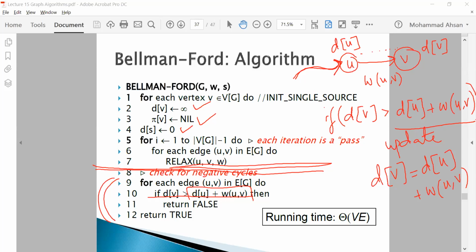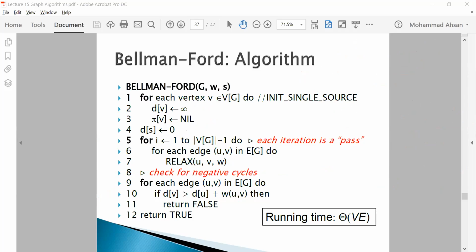When you're given a graph in a program you don't see the graph visually, so you won't be able to figure out if there is a negative cycle or not. So you will return false, which would mean that there is no actual shortest path from source to all other vertices. Otherwise you return true. The runtime clearly comes from this loop here. It is V times E. The rest you can neglect because this takes the major chunk of your time.